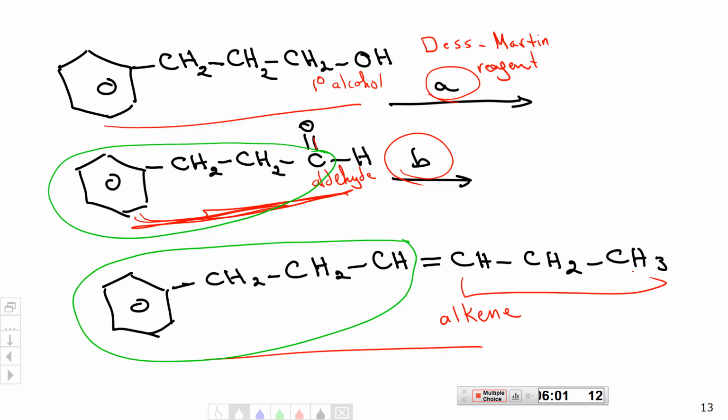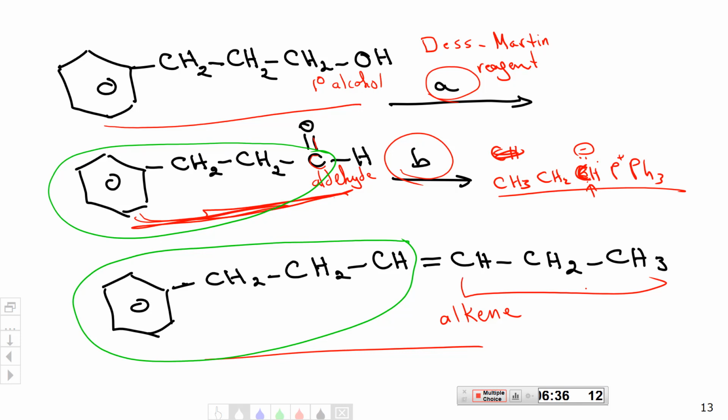So in here, all I'm thinking about, according to the Wittig reaction, wherever a C double bond O used to be is now a C double bond C with the carbon that has the minus in the ylide, which is this one in here. Does this make sense to you guys? So we learned that in the ylide, wherever the C double bond O used to be is now a C double bond C to the carbon that has the minus charge.